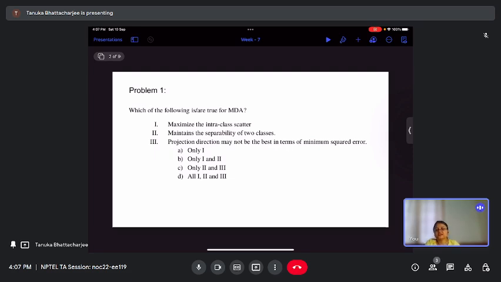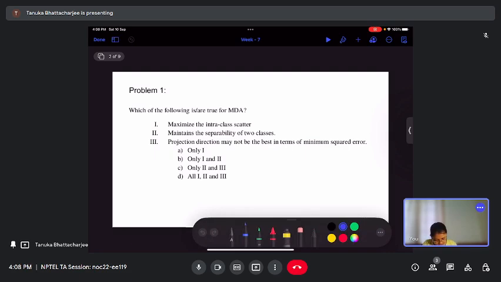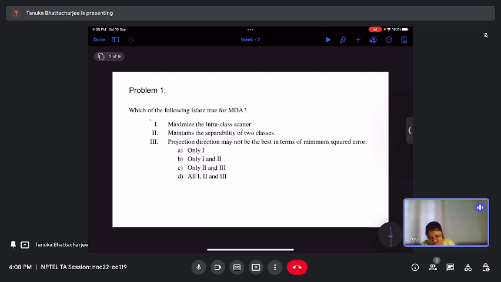So we do not try to maximize intra-class scatter, rather we try to minimize the intra-class scatter. We try to concentrate a class at some point. So the first option is not true for MDA.